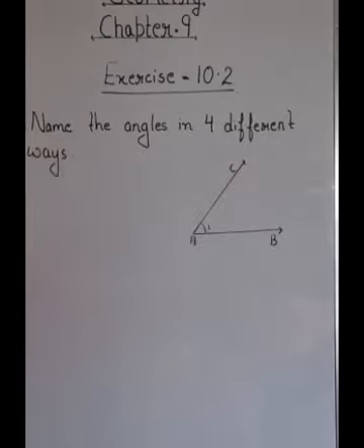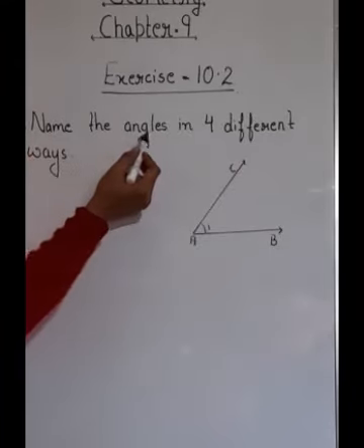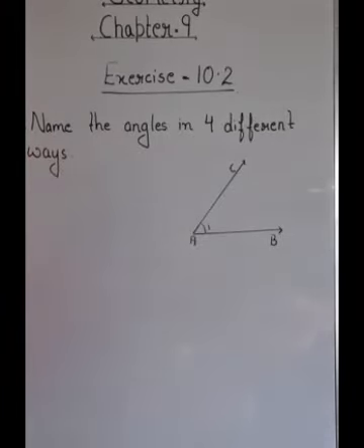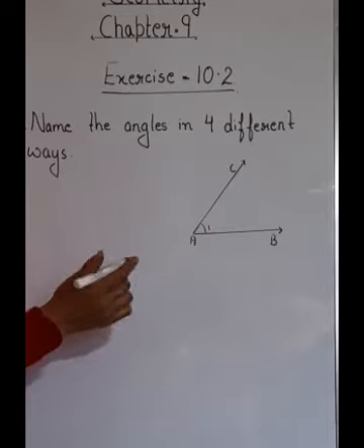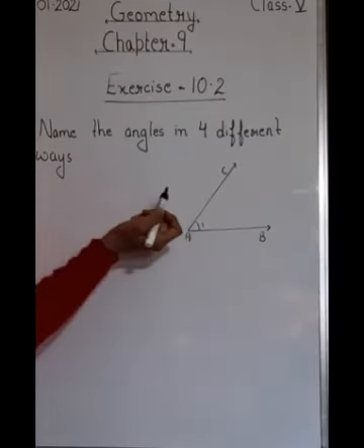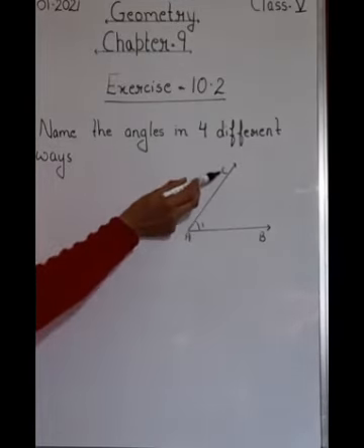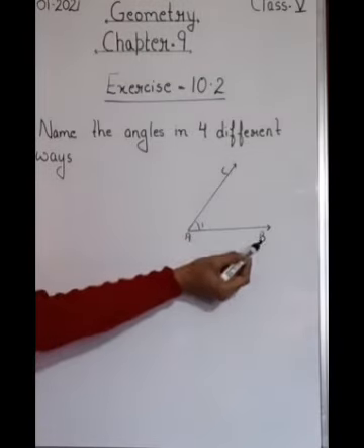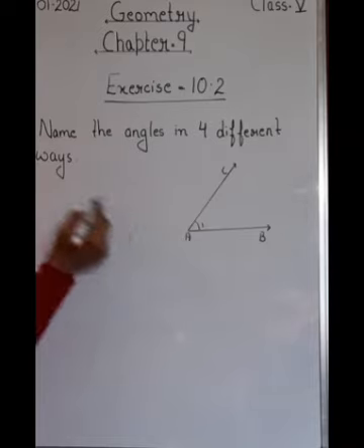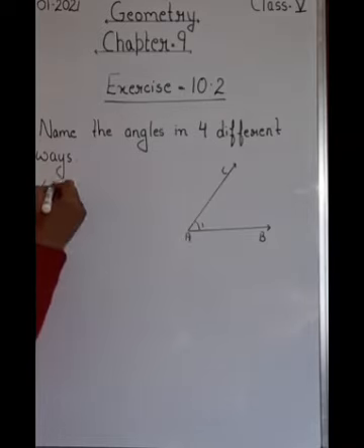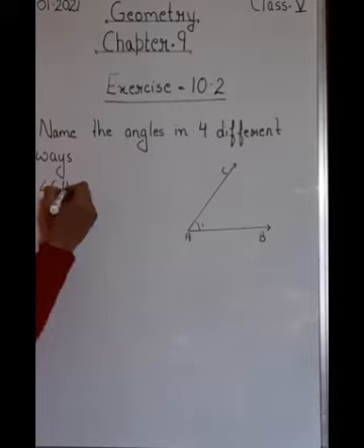Clear? Now the next question is: name the angles in 4 different ways. So I'm doing the first part of it. I have drawn an angle over here. I told you how you have to name it. The first way is to name it as angle CAB. The only thing you have to keep in mind is that the vertex should be in the middle. So the first way is angle CAB. Clear?